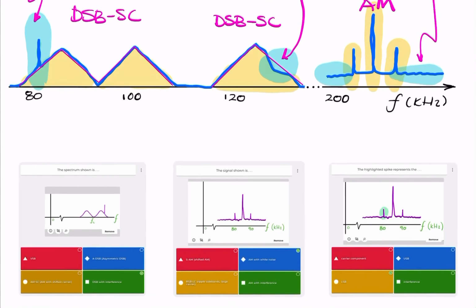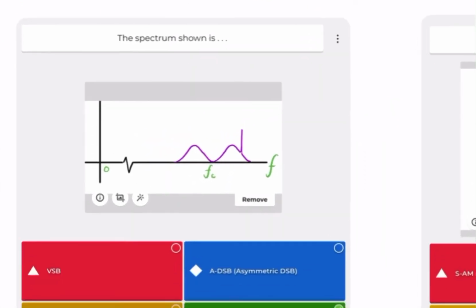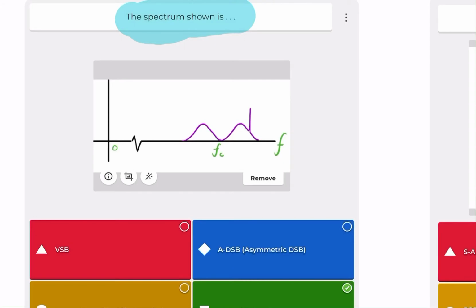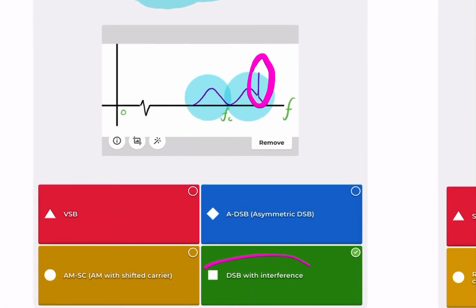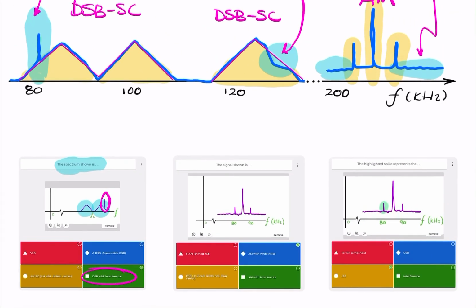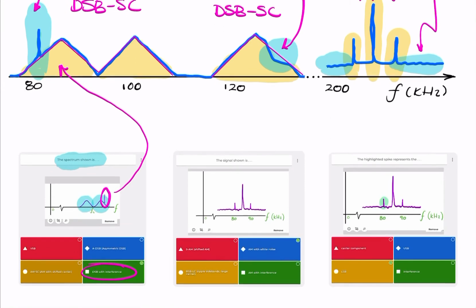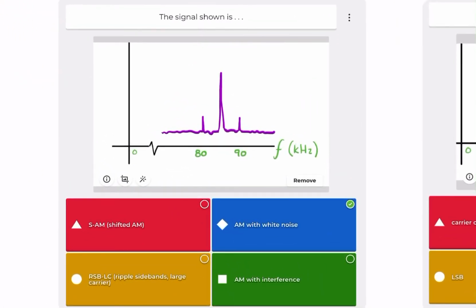Now you might remember that we looked at each of these channel degradation effects in our Cahoots class. We looked at this DSB spectrum, and we said the spectrum shown has a lower sideband and an upper sideband, but something's going on here, and we said that's DSB with interference. That's almost exactly the same as what we have here. And then we looked at this spectrum here, and we said that this is AM, because we have a carrier component, an upper sideband and a lower sideband.